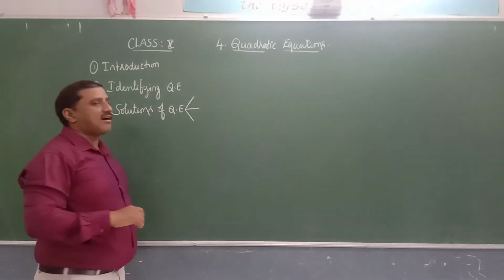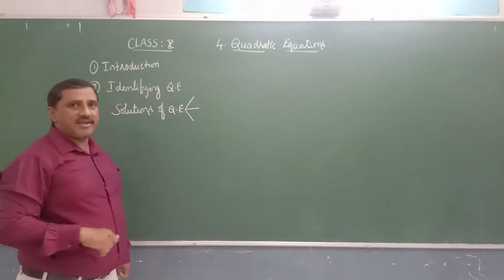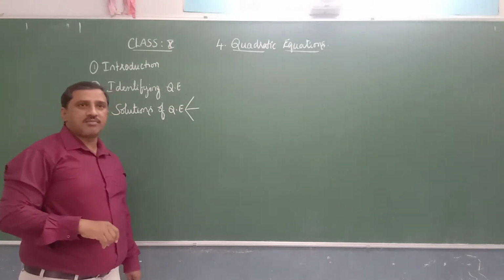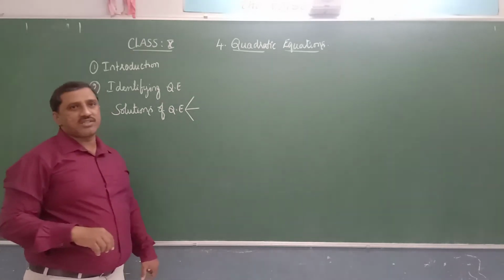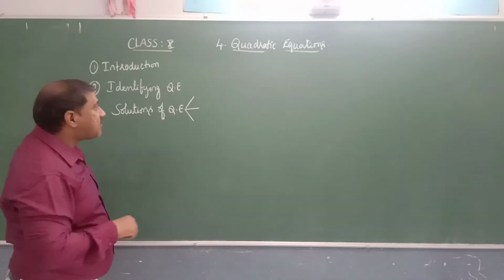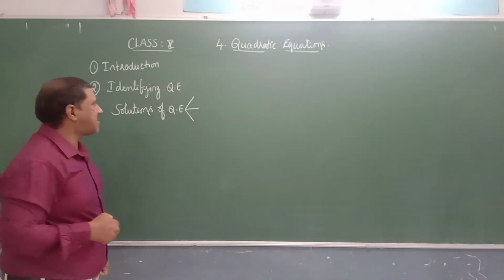The first method we have already studied for quadratic polynomials in the class 9 polynomials chapter, and in the 10th class polynomials chapter also, that is the zeros of the quadratic polynomial. We will discuss in detail.